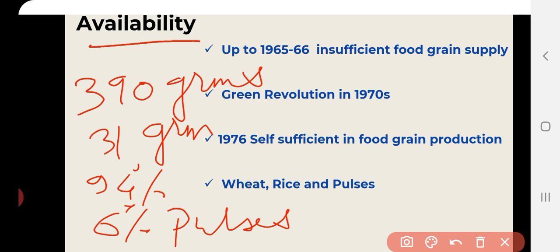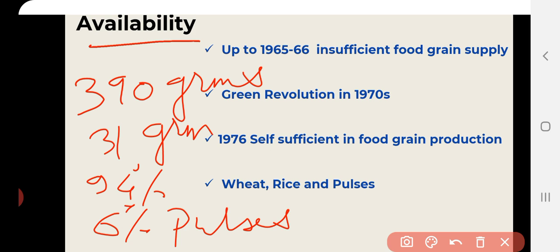So therefore, even though the quantity of food grain is available in our country, in order to meet the standard dietary needs, we fail to provide quality food grains to the people of our country. So this is the first point on the current status of food security, that is availability.